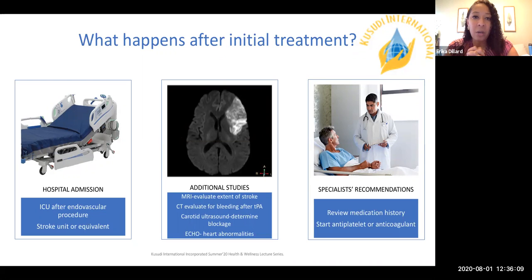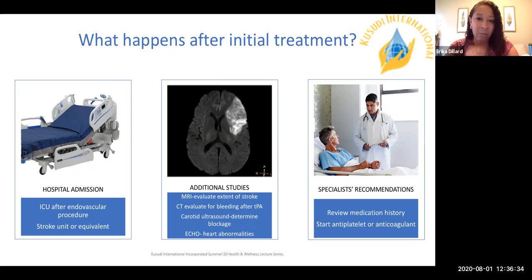After your initial treatment, you'll also need to get some additional studies. This is important to understand the underlying causes of why you had the stroke in the first place. So you'll get an MRI, which some of you may have had yourselves. It's basically that tube, a very closed-in space study where you're pushed in on your back.